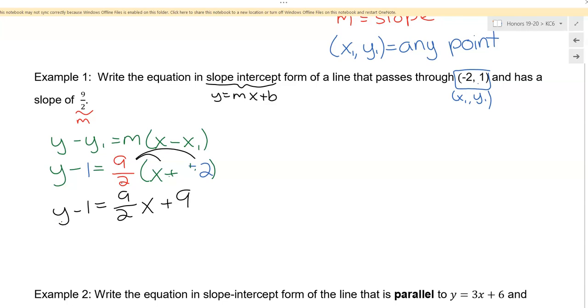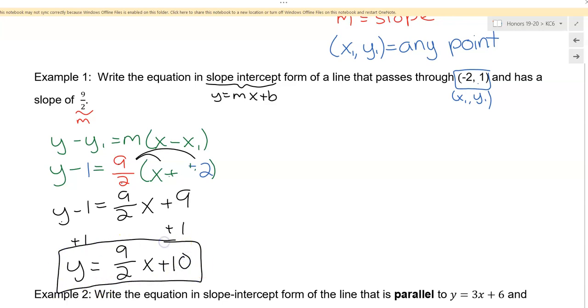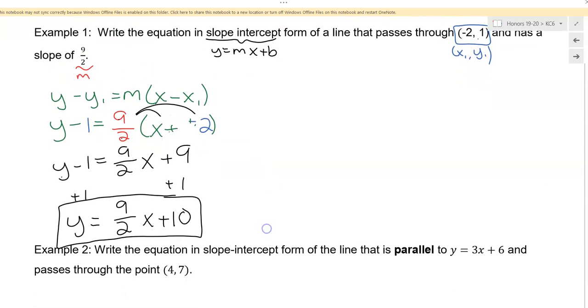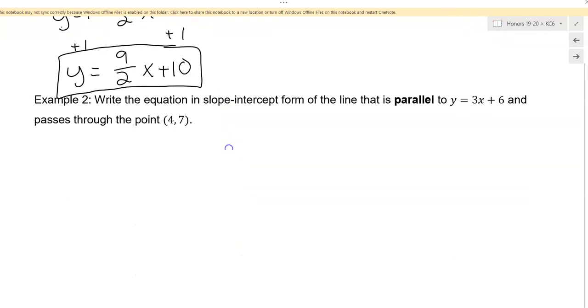And then to get y by itself, I'm just going to add 1. So we get y equals 9/2 x plus 10. Okay, that's it. All done. Let's look at example 2.